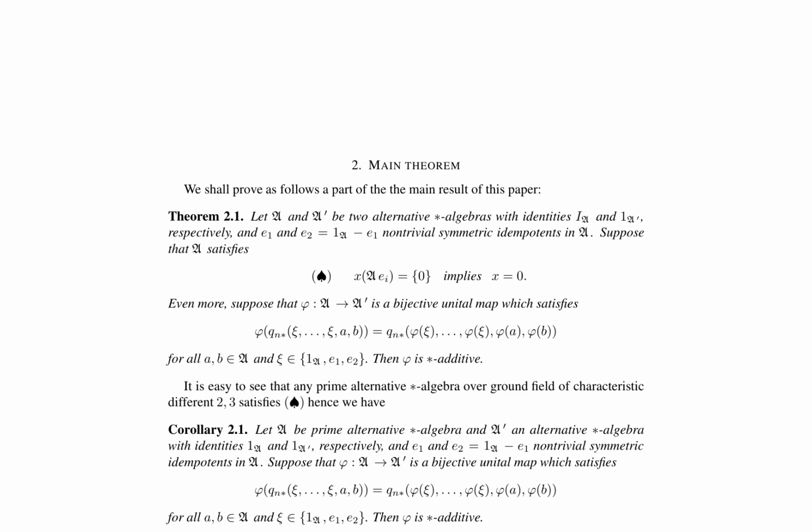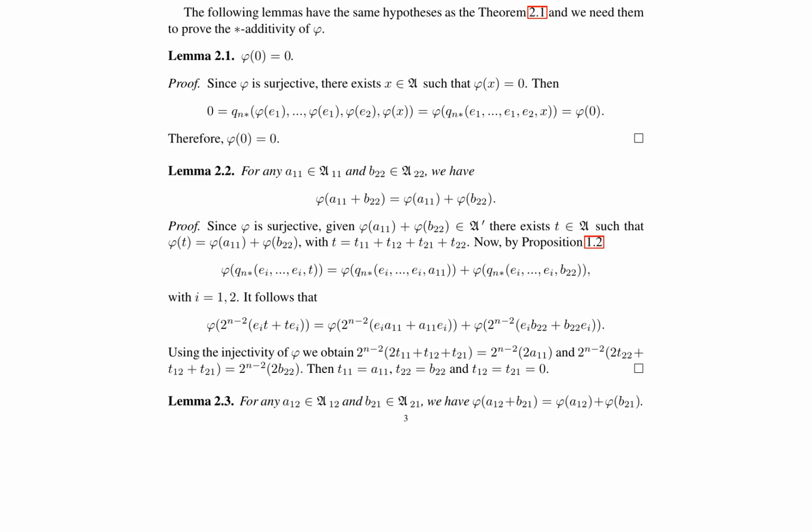The conditions include phi(Qn-*(ξ, A, B)) equals Qn-*(phi(ξ), phi(A), phi(B)), for all A, B in A and ξ in {I_A, E1, E2}.